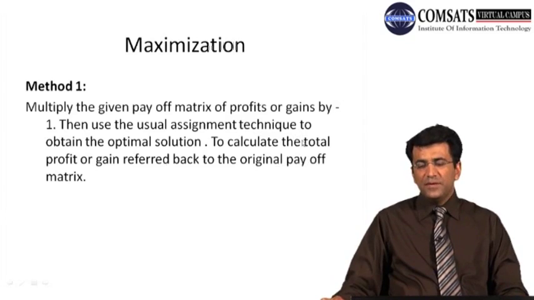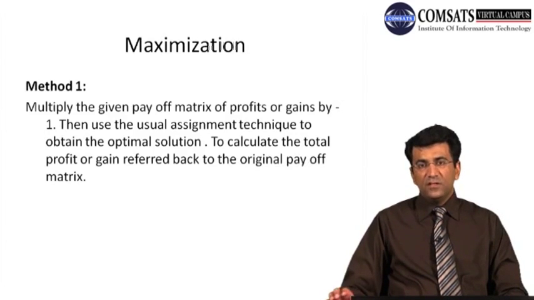Then use the usual assignment technique to obtain the optimal solution, and to calculate the total profit or gain, refer back to the original payoff matrix. So after this first step of multiplying each and every number in the table by -1, we will follow the similar steps. That is, again we will apply the row operation by subtracting the minimum number out of each row from every number of the row, and again we will apply the column operation, finding the minimum number out of each column and subtracting this number from each column.